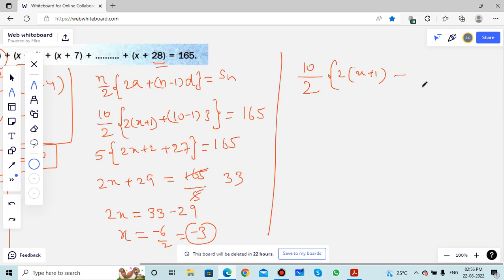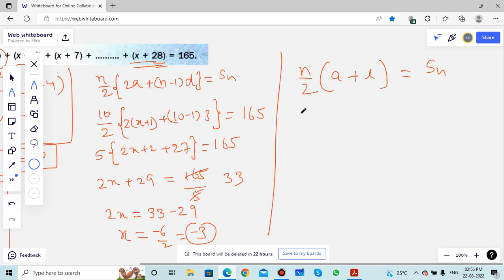We have another formula to find it out, that is a plus l. Why don't we use that? We can use the formula as n upon 2 a plus l. L is given directly, we can use that, right, is equal to 165, and that is Sn.